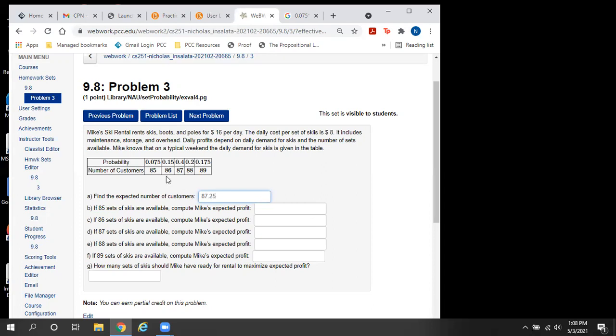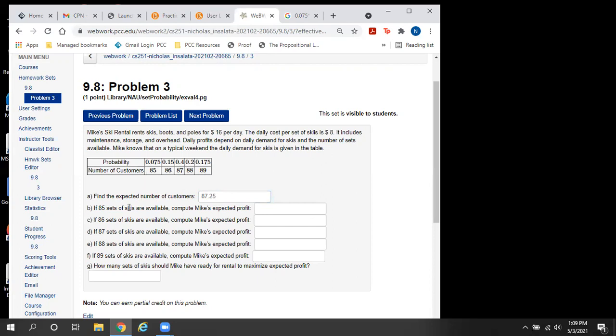Because if you look at the probabilities here and add them all up, that comes out to one right here on this top row. So these are the only possible amounts of customers that Mike could get in a day, right? And so if 85 sets of skis are available, and that's the smallest number, then Mike would be guaranteed to rent all 85 sets of skis. Some people won't get a pair. Mike's going to run out, right?